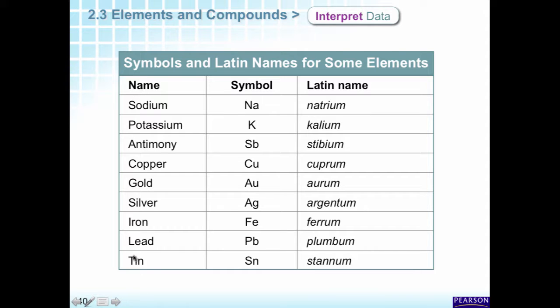Two other ones that aren't on this list are the Greek word for mercury, and that is Hg, and that comes from hydrargyrum, which is water, flowing water, or flowing silver.